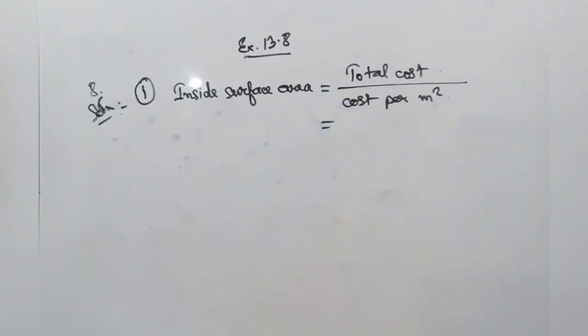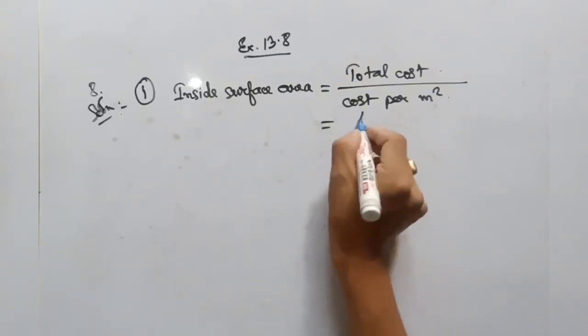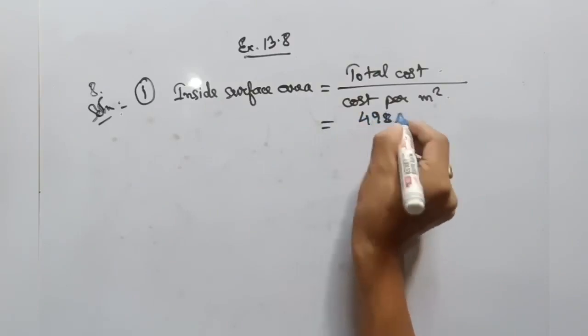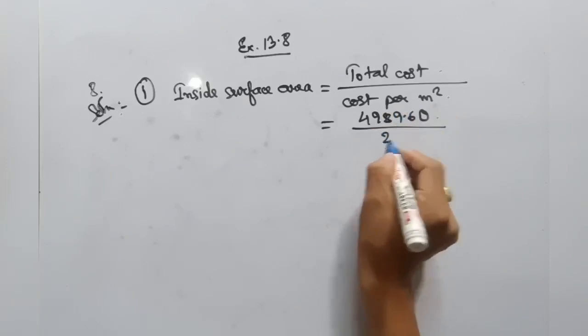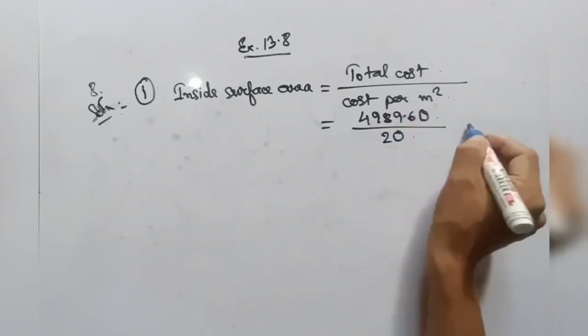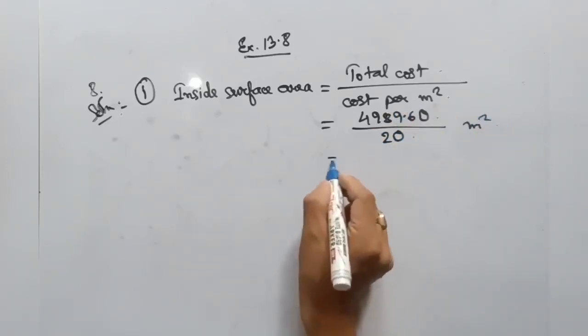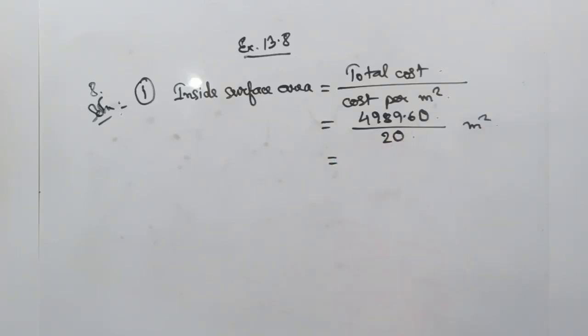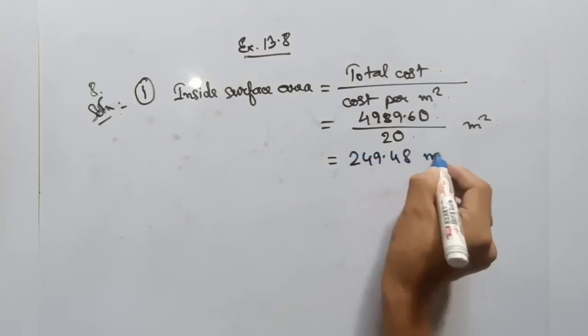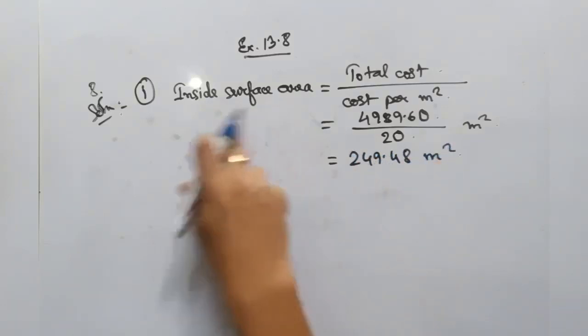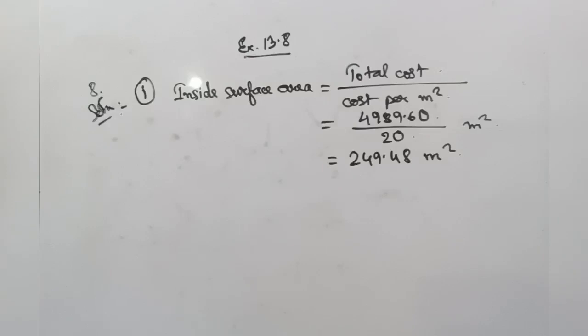The total cost of whitewashing inside the dome is rupees 4,989.60, and the cost per meter square is rupees 20. The unit will be meter square. So dividing 4,989.60 by 20, we will get 249.48 meter square. So this is the surface area of the inside of the dome.